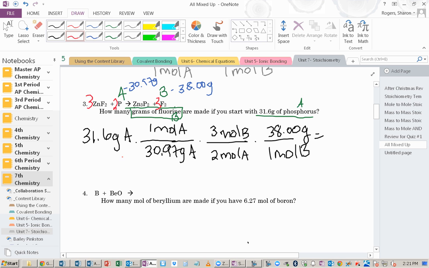Once again, all my units cancel. Grams of A cancels, mole of A cancels, mole of B cancels, and I'm left with grams of B. If I simplify the number, you will get 58.1 grams of B.